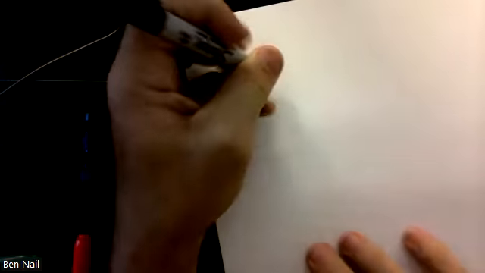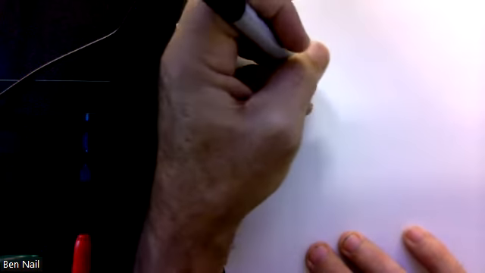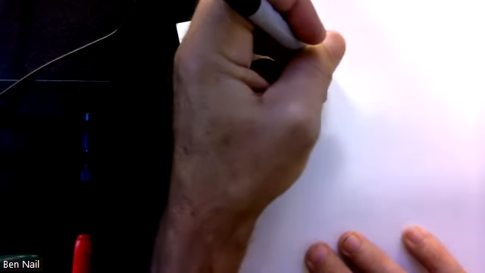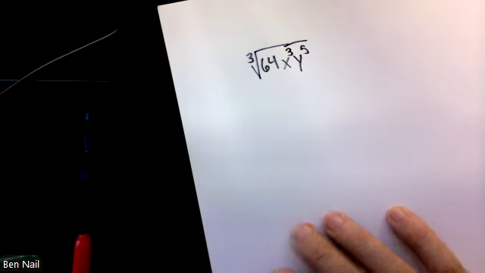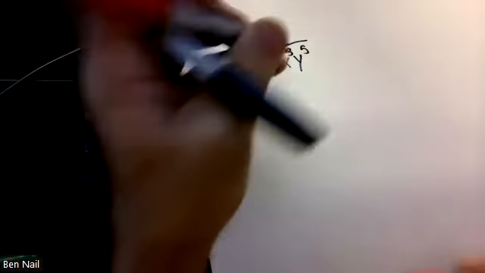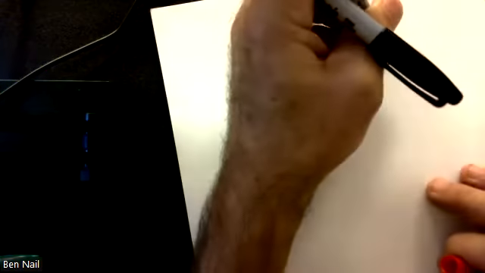Okay, and they could combine those two concepts and do something like the cubed root of 64 x cubed y to the 5th. Again, we're going to treat this like it's 2 different problems.